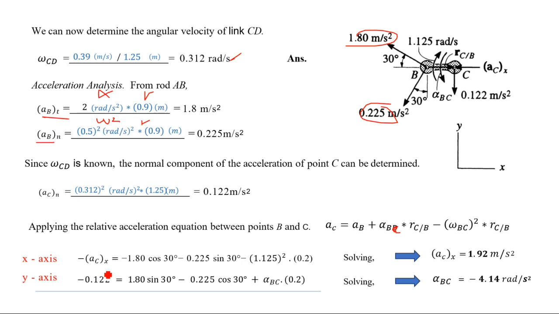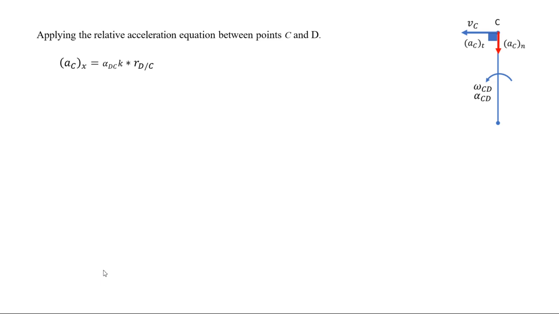Now we are going to continue doing the solution. Now we have the ACX and are going to be able to find what will be the value of the alpha for the length CD. So I'm going to go to the length CD. The tangential acceleration is going to be the ACX. So in that case, the RCD is known. This one is unknown because this one is known. So I can rearrange the equation and I can find that the alpha DC can now be solved.